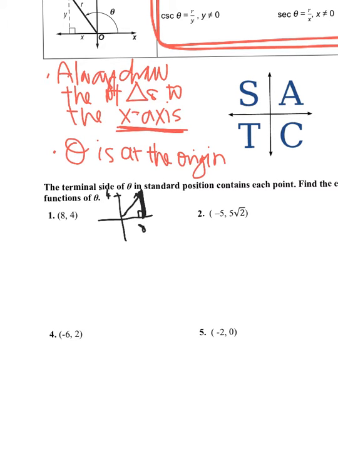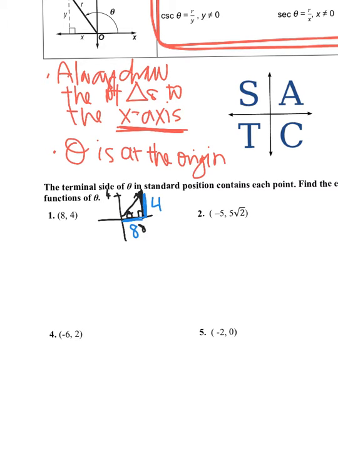I don't want to do this. That is bad. And then our theta is going to be at the origin. So that is my angle to find these trig functions. With that, I know that this length right here is 8, and this vertical length is 4.